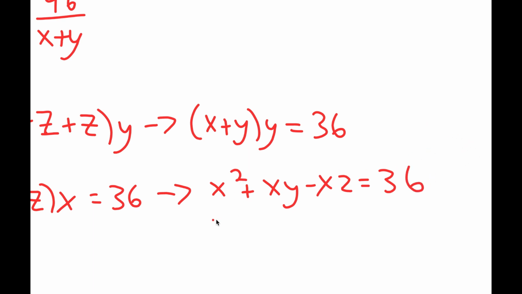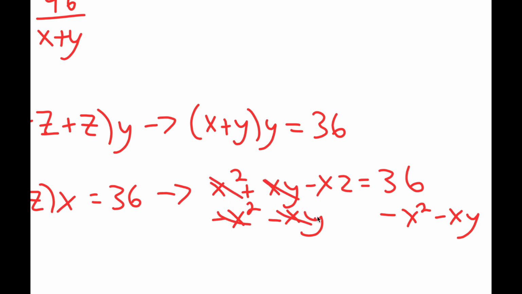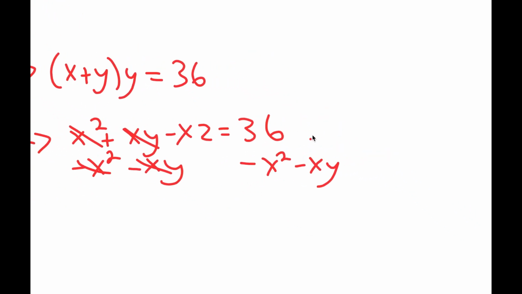And I can subtract x squared and xy on both sides, so these cancel out, and I'm left with negative xz is equal to 36 minus x squared minus xy.